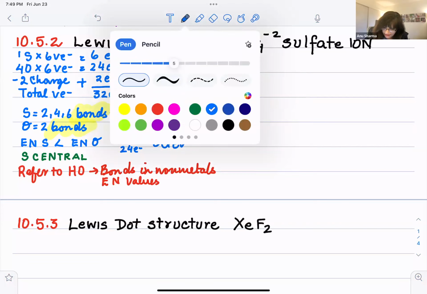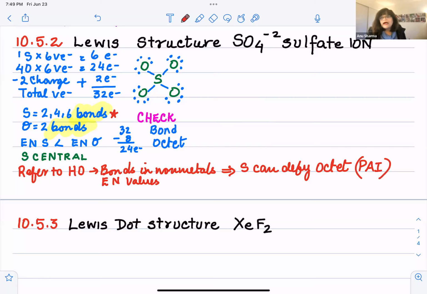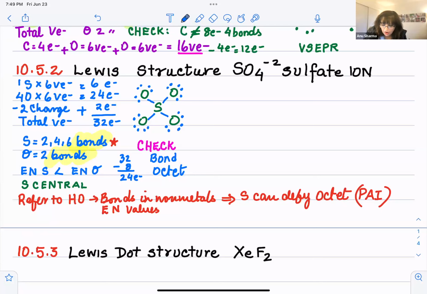Based on this table, you will see that sulfur can defy the octet, and generally in polyatomic ions they defy the octet. So they can follow the octet, and they can defy the octet. Here, the octet of sulfur is met and the octet of oxygen is met. So we are good with that.